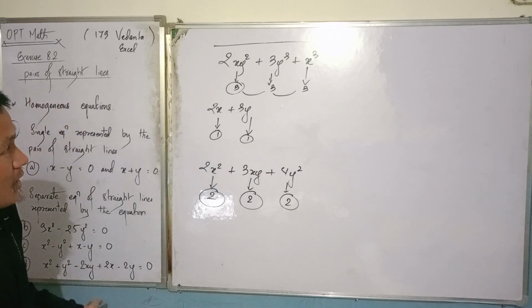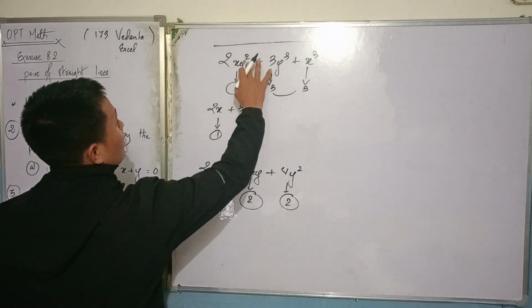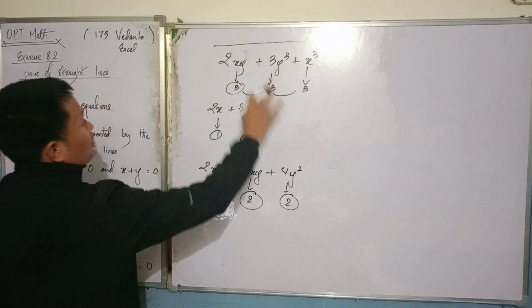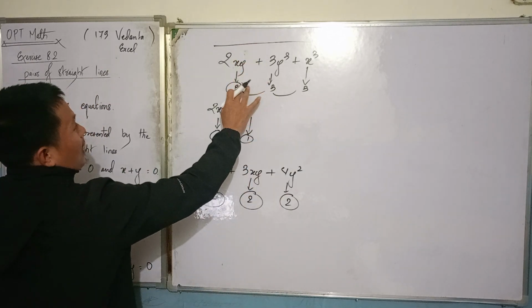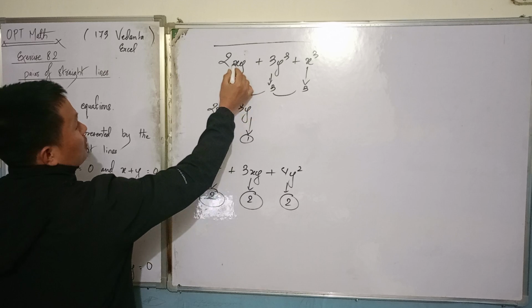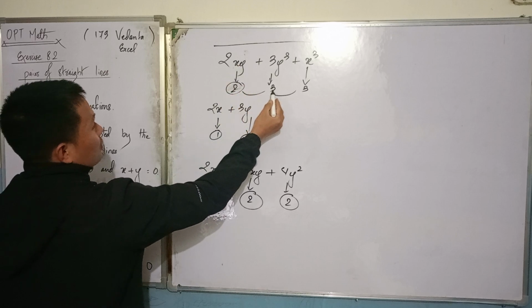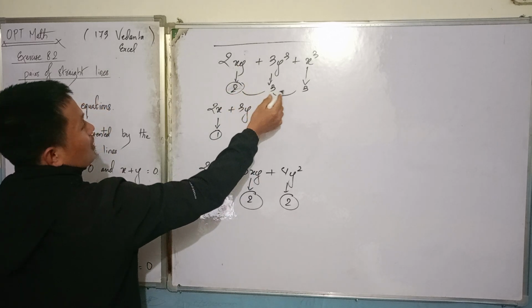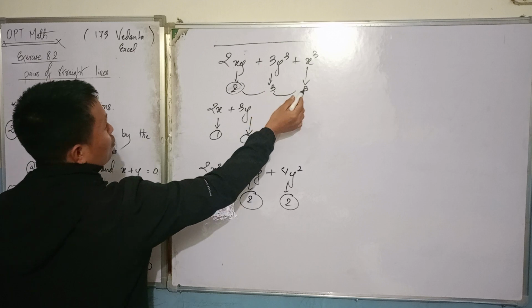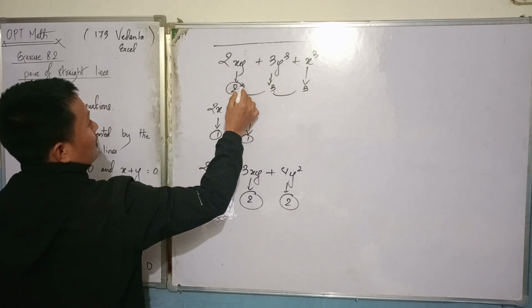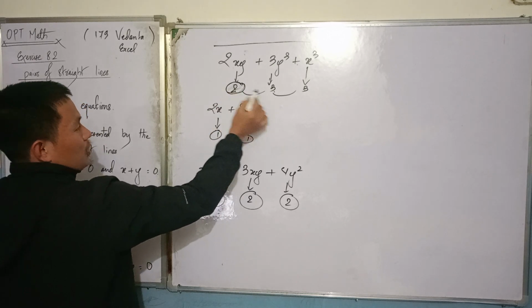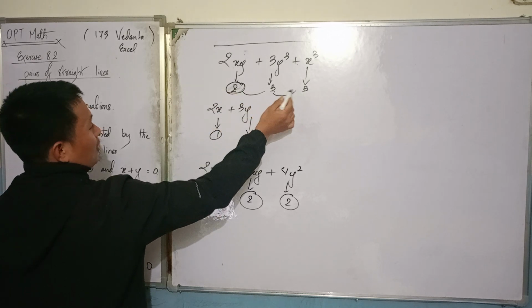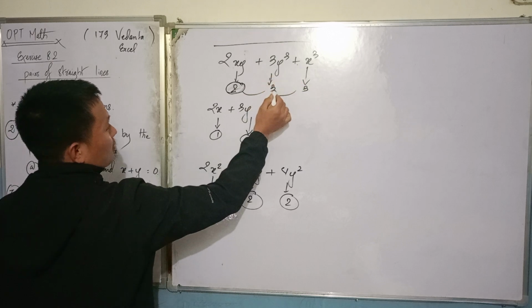Now if I remove the power sign here, the degree becomes 2, and the others are 3 and 3. Besides these two algebraic terms, these have different degrees. You can see here the degree is 2, and the remaining terms have degree 3.